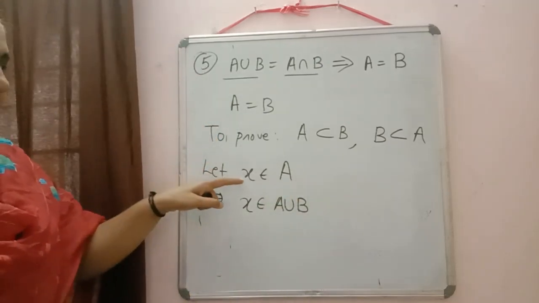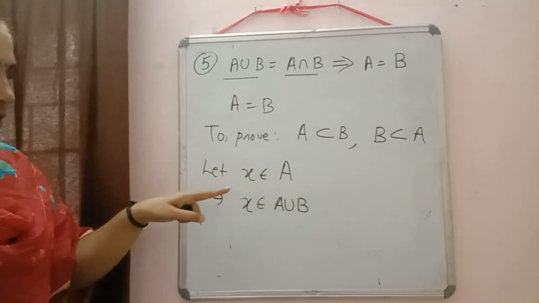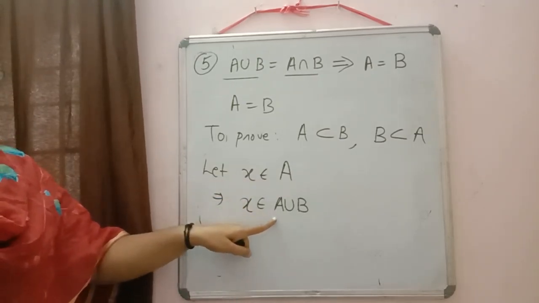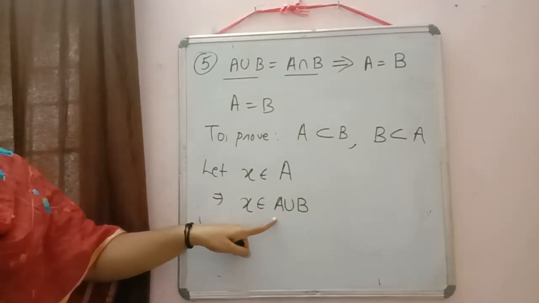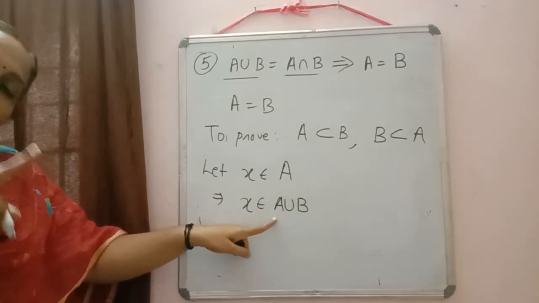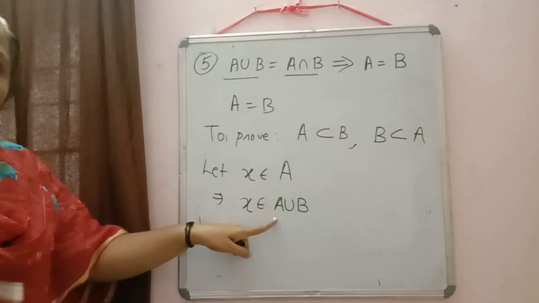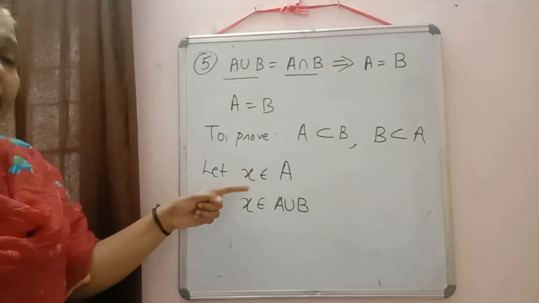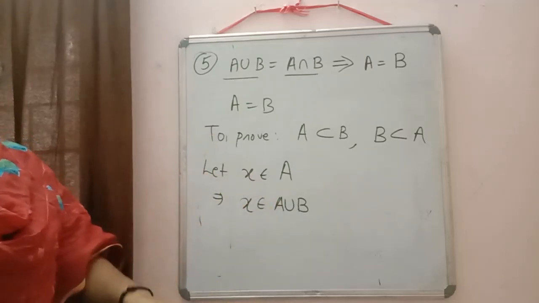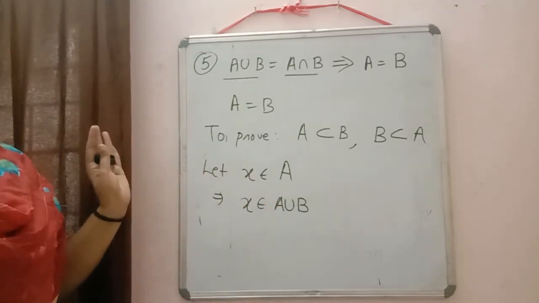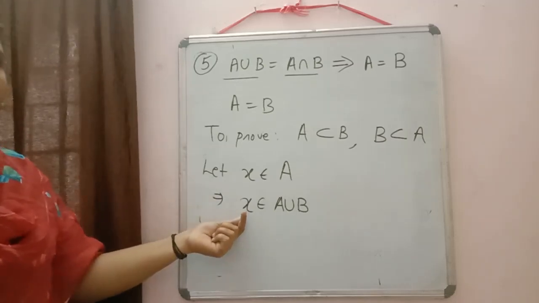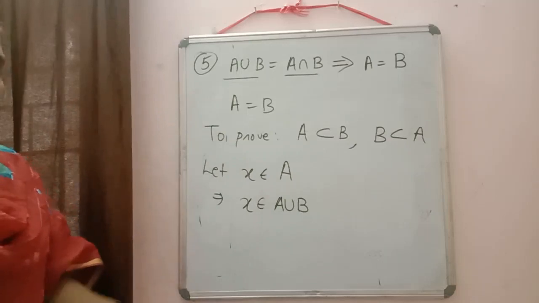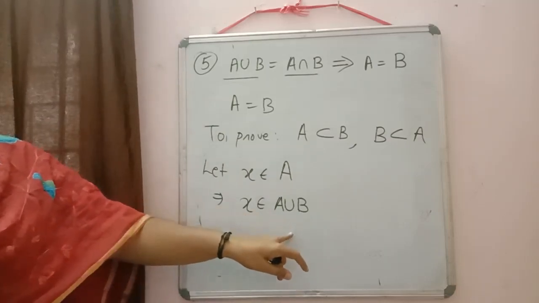Because if the element X is there in A, then obviously it will be there in A union B. Because in A union B, we are writing that element which belongs to either A or B or both. A intersection B we cannot say because that element should be common to both A and B. At present we don't know whether it is common or not. But this one is obvious. If the element is there in set A, then obviously that element will be there in A union B.